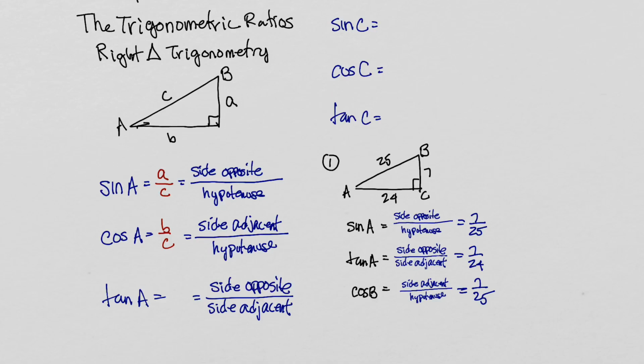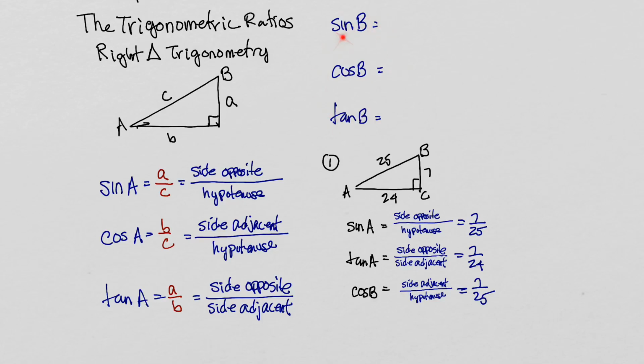And then our third main trig function is the tangent of A. We define the tangent to be the side opposite over the side adjacent. So here's A. It's the side opposite, a, over the side adjacent, b. So this is going to be a over b.